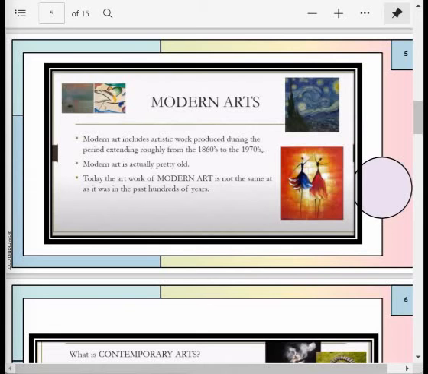Today, the artwork of modern art is not the same as it was in the past hundreds of years. It roughly started nga during the Industrial Revolution around the 1860s. And modern art saw the digression of artists away from past conventions and traditions and toward freedom. There is the famous adage of anything goes from this period.